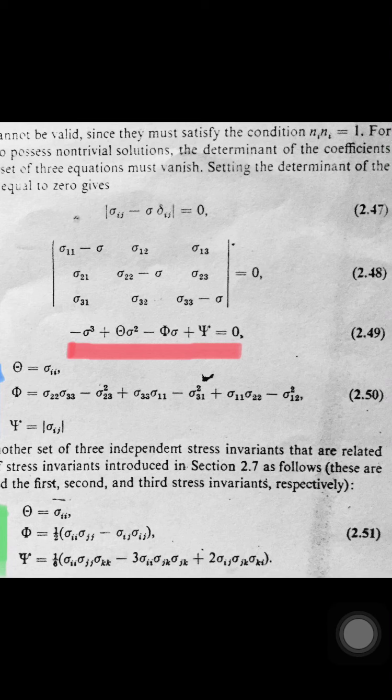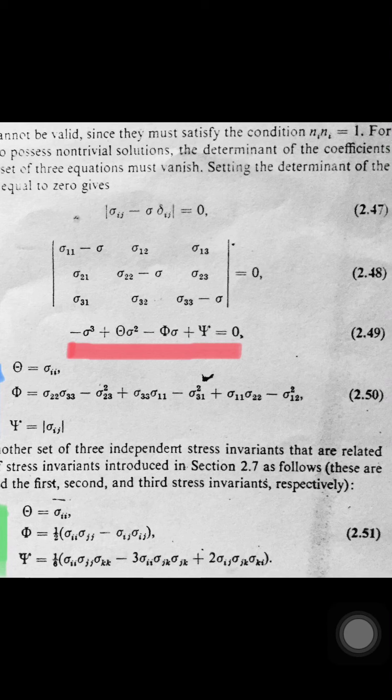Now, as we already studied, the stress tensor is symmetric and invariant, and due to invariance, whether we take the without-bar system or the bar system with the transformation law, these three quantities theta_h, phi and psi are the same in the bar notation.